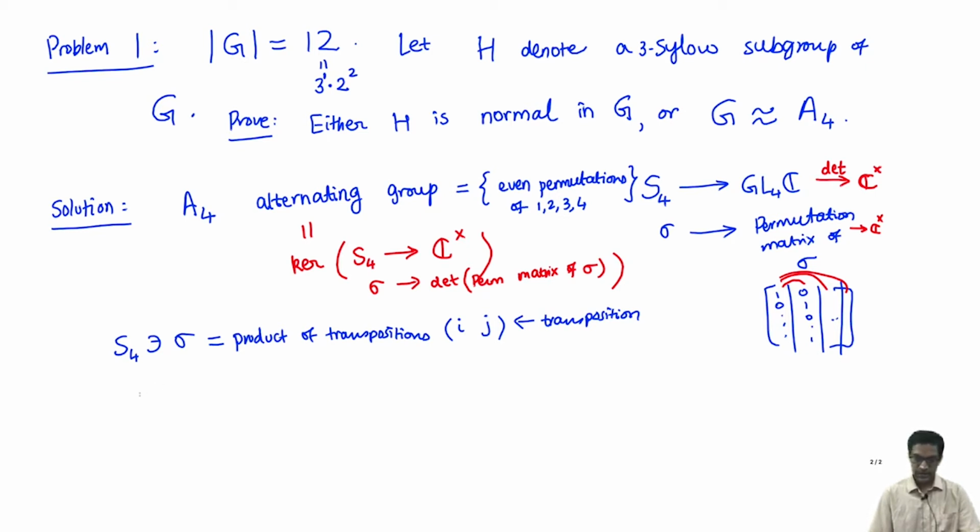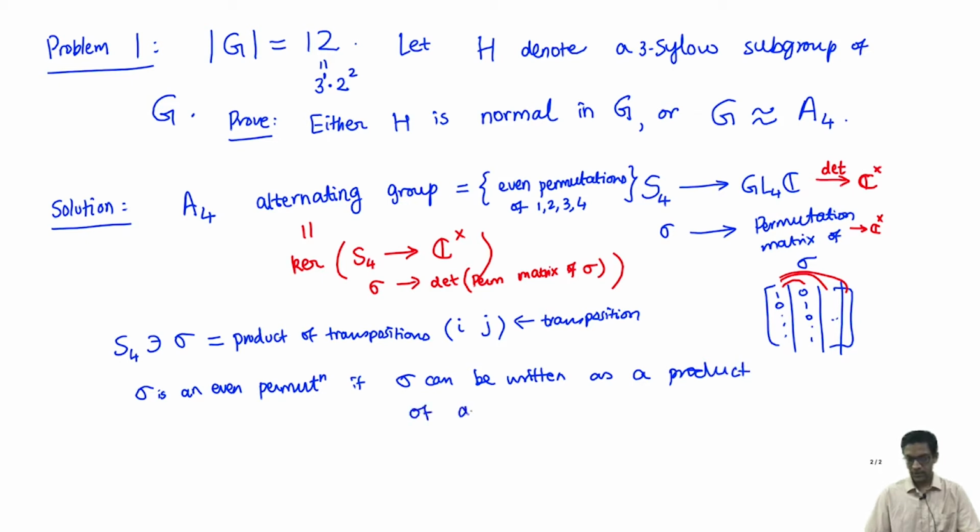So this is the definition: sigma is said to be an even permutation if sigma can be written as a product of an even number of transpositions.